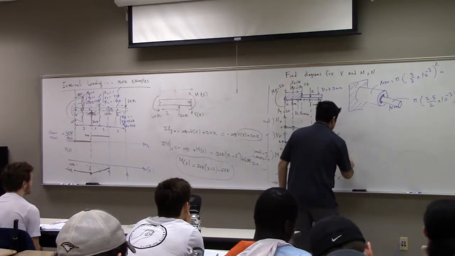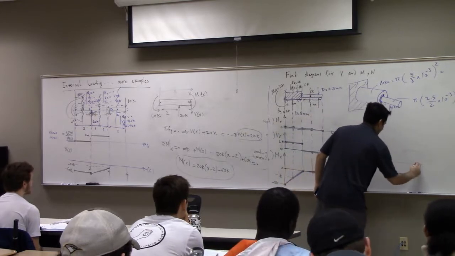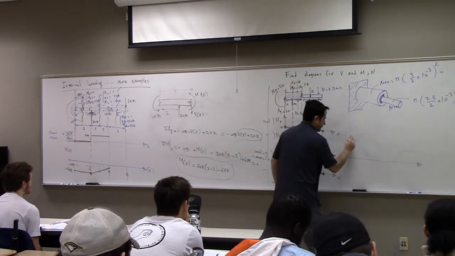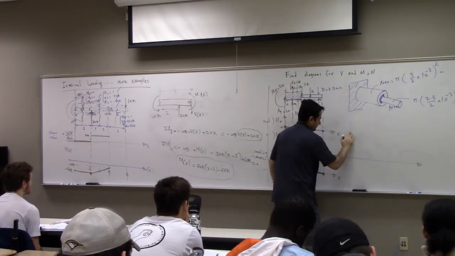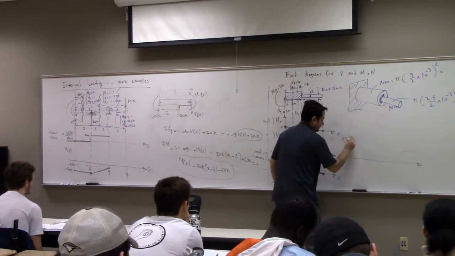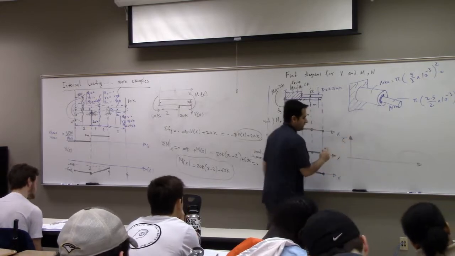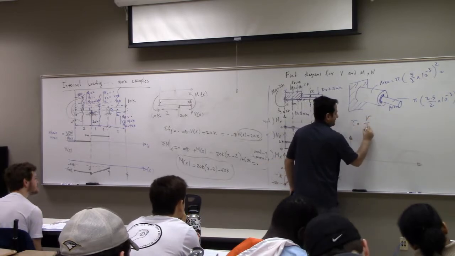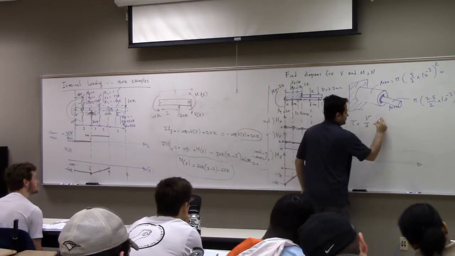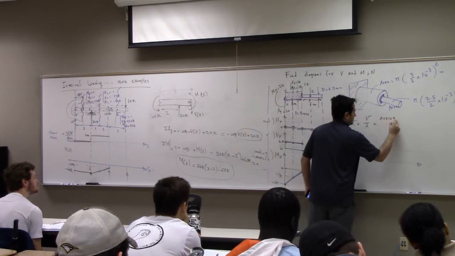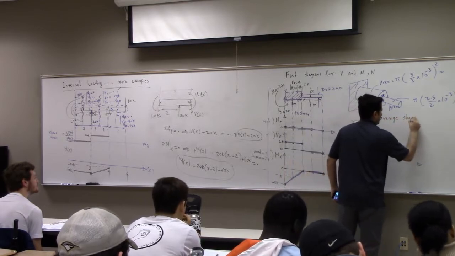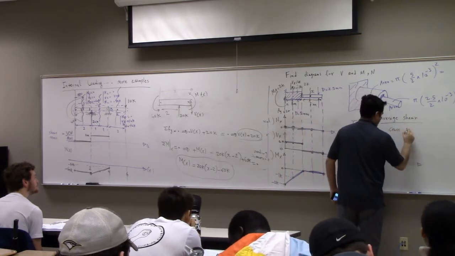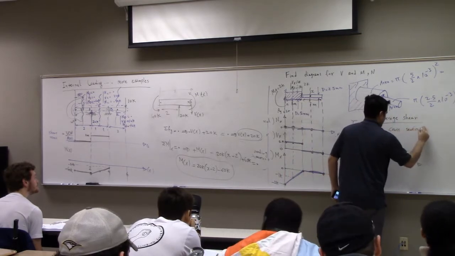I get something like, you call it tau, which is equal to V divided by A: shear force, average shear force, divided by cross-section area.